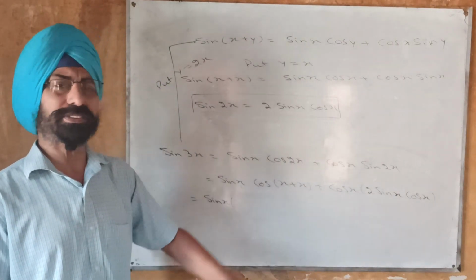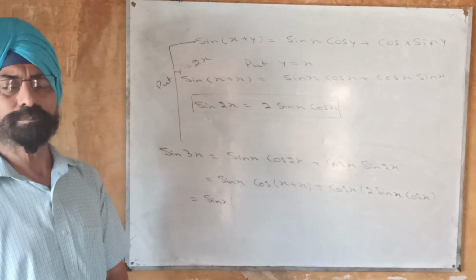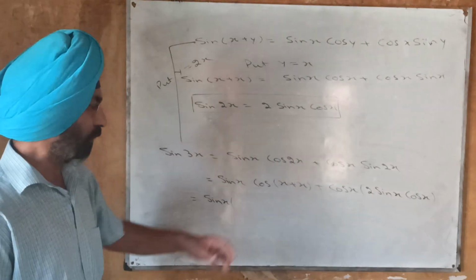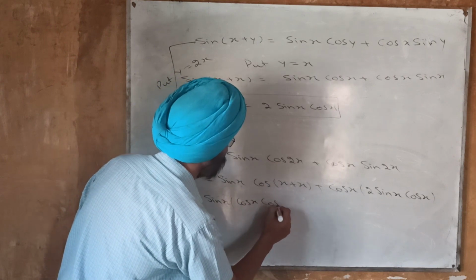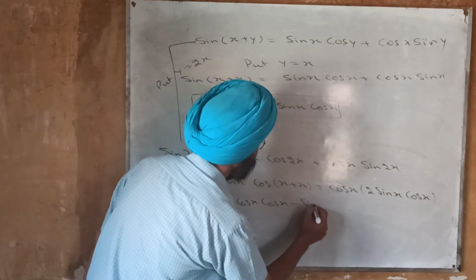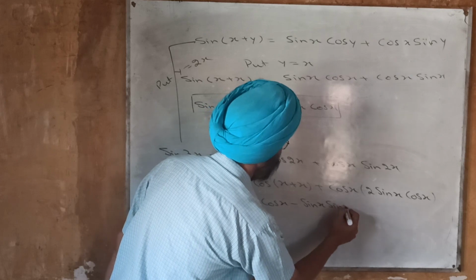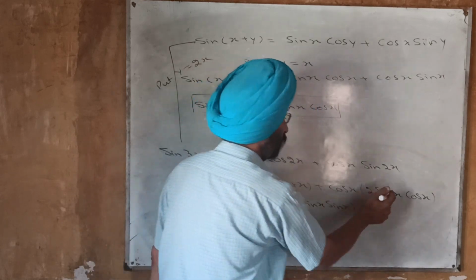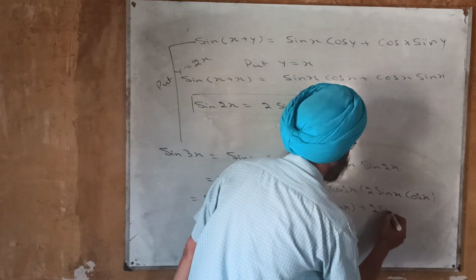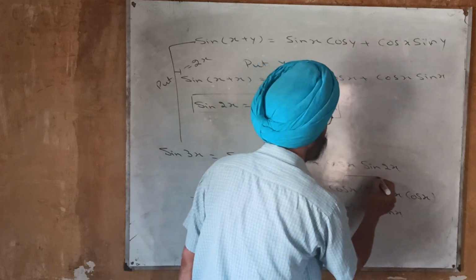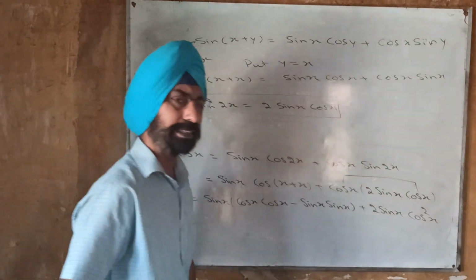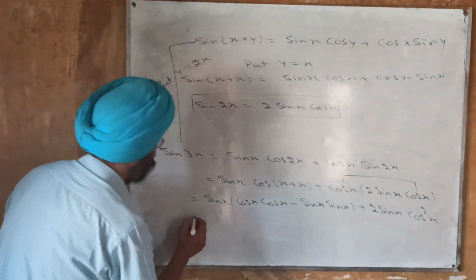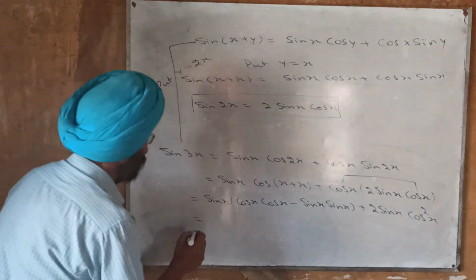So cos x plus y was cos x cos y minus sin x sin y. So it will become cos x cos x minus sin x sin x, plus here you will get 2 sin x, and this cos x multiplied by cos x will become cos square x.